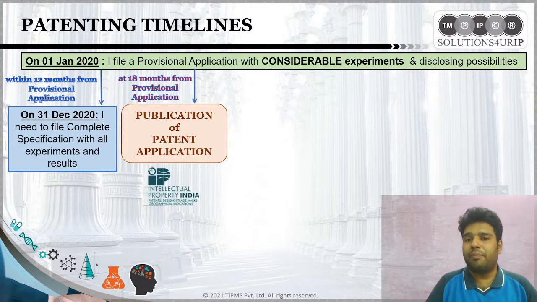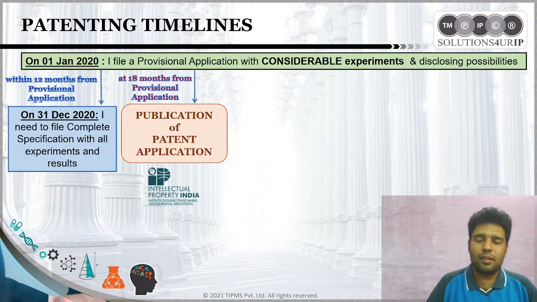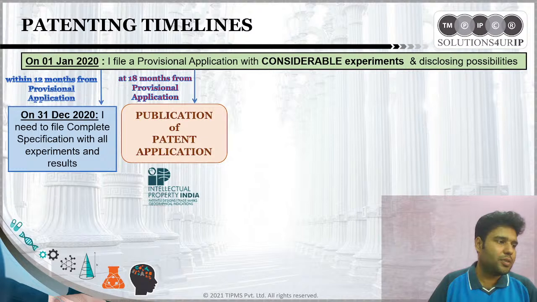But under the official patent publication, those documents will not be available. The publication document will not make available the complete details of the provisional and the complete specification. Publication will be of the latest filed complete specification.